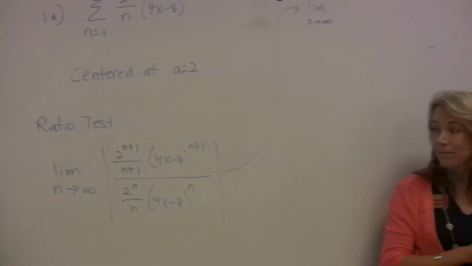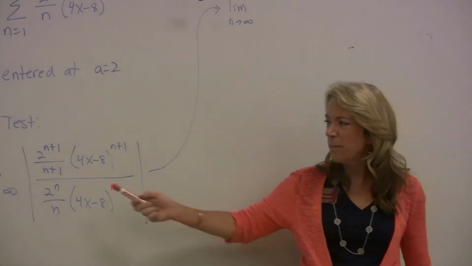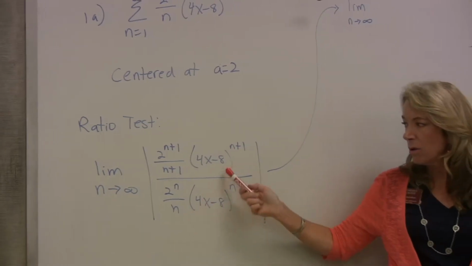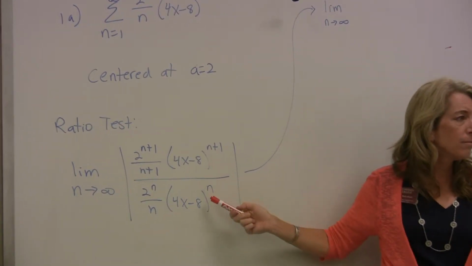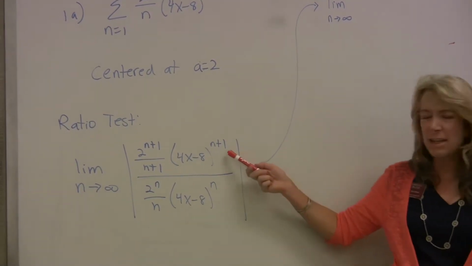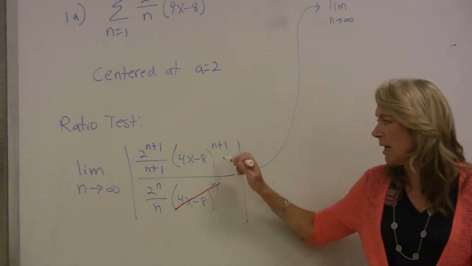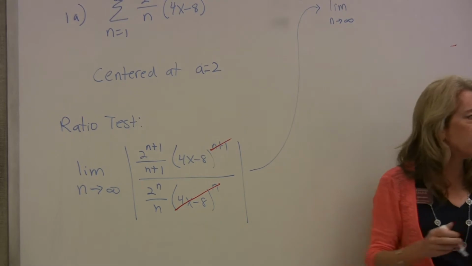Multiply by the reciprocal. Yeah, so I'm dividing by this fraction, so I can multiply by the reciprocal of that fraction. What about these guys? Cancel. Yeah, those are going to reduce, right? I just have one more up here than I do down here. So this is totally gone, and I just have one up here, right? Just one of those left.